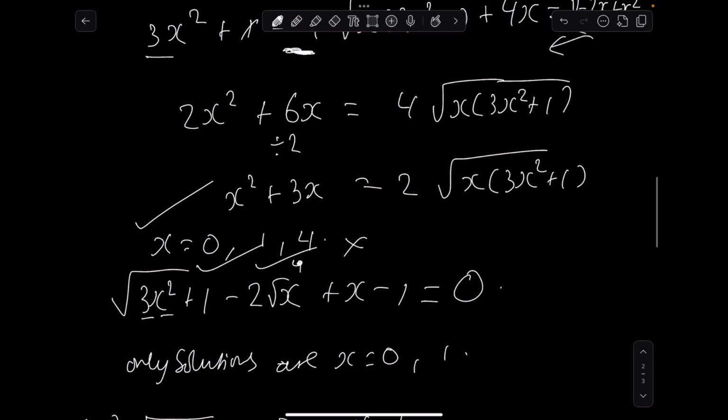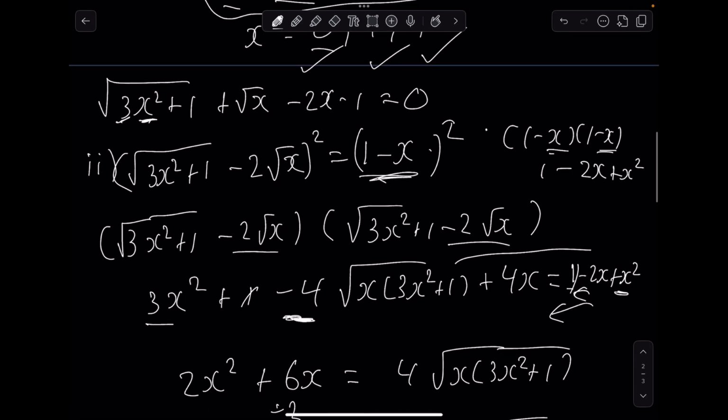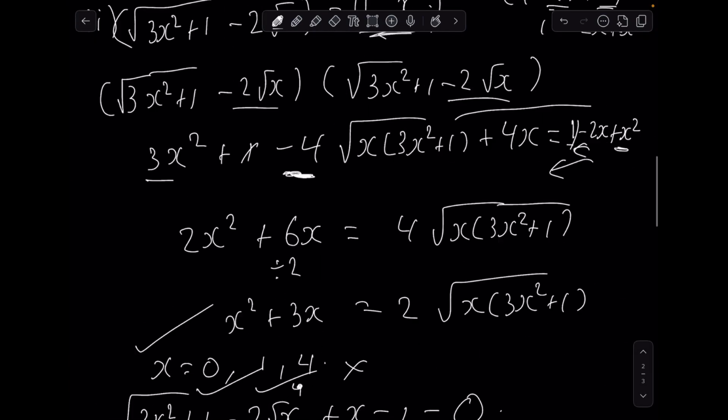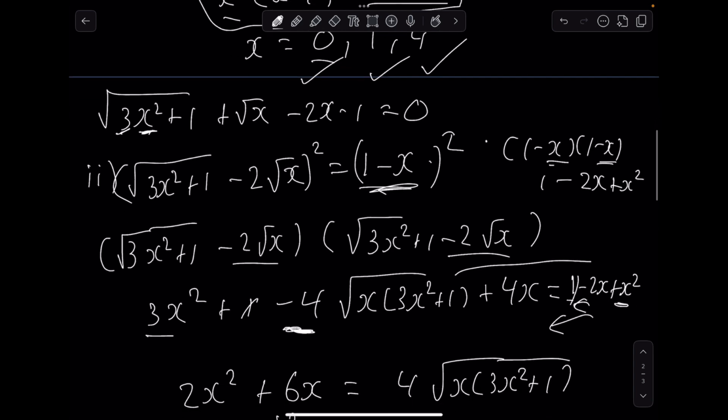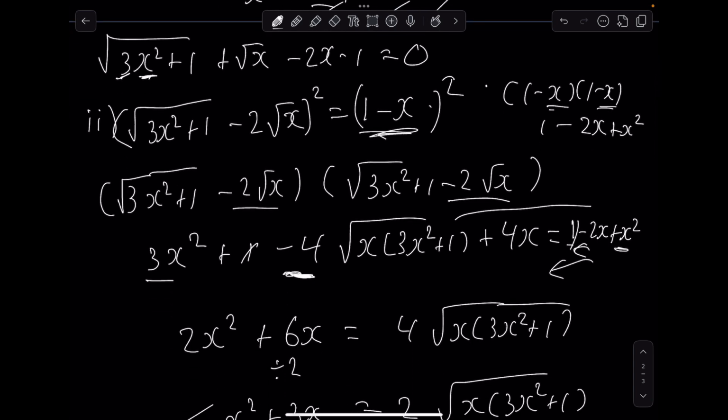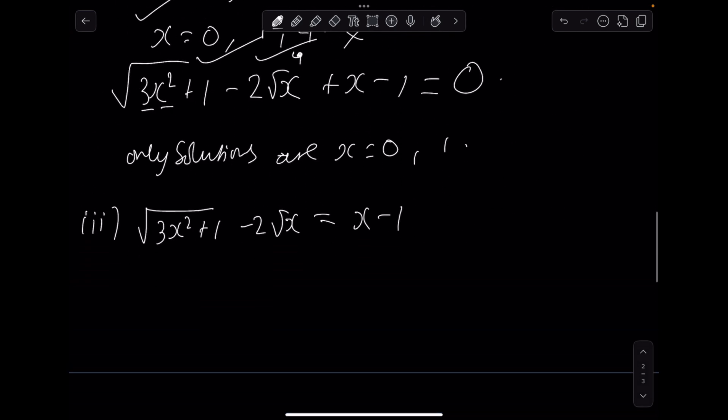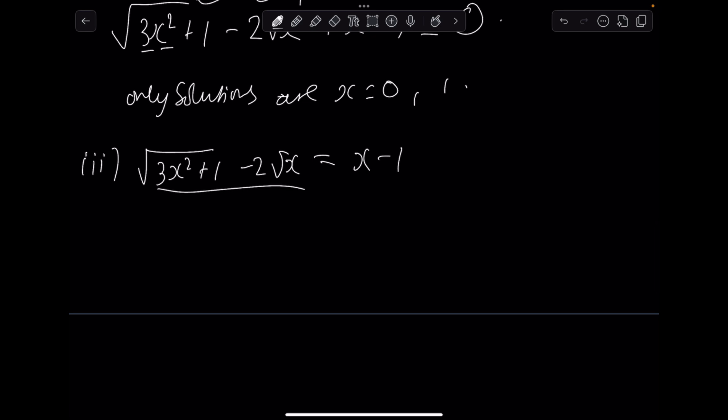But I'm already seeing like this is extremely similar already to the equation we just had, right? Just before, because it was 3x squared plus 1 minus 2 root x equals 1 minus x squared, right? So this is the same, but instead of x minus 1, it's 1 minus x.